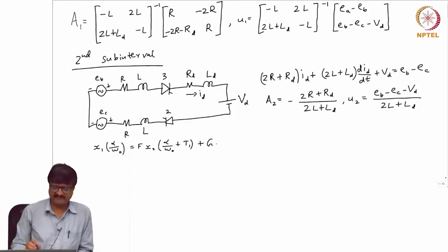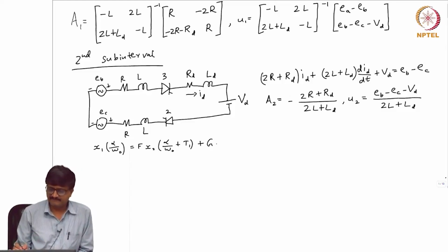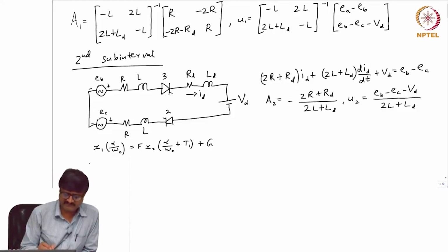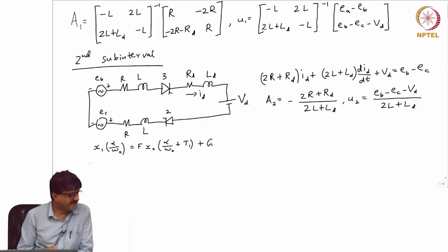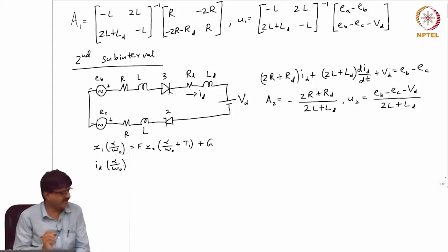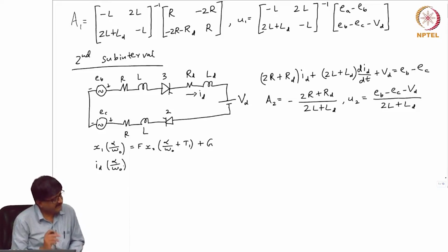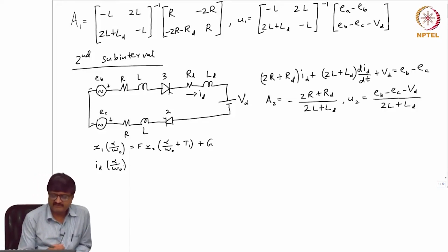So, this is the general equation. If I take x1, the first element of x1 is ID. So, what is ID at alpha by omega O? Can I write it in terms of x2? How to write it in this form?